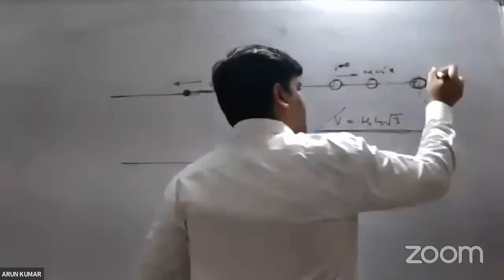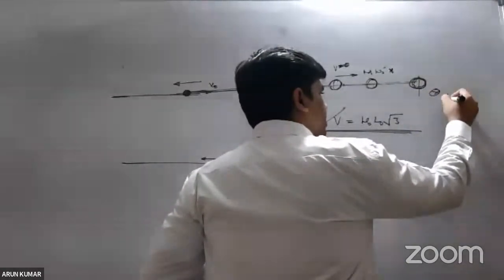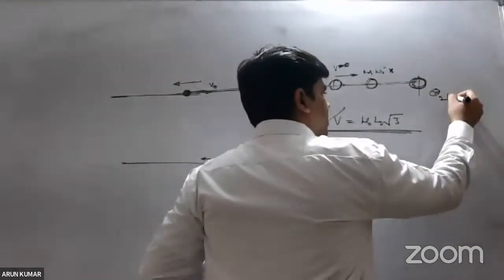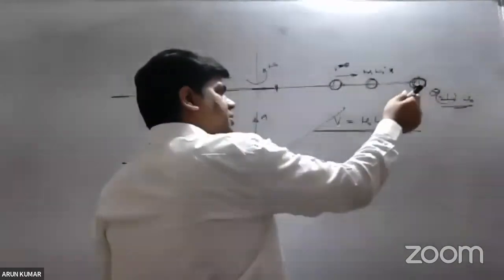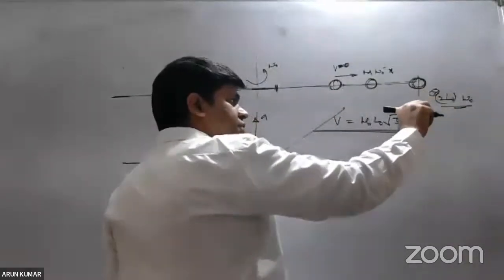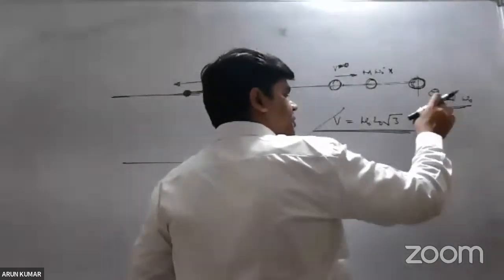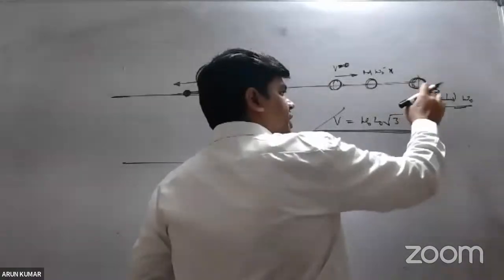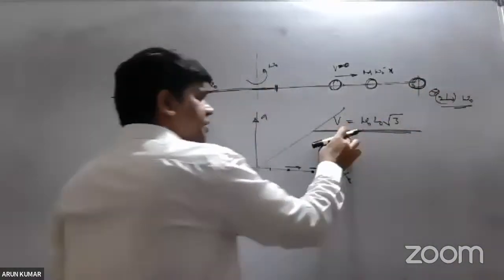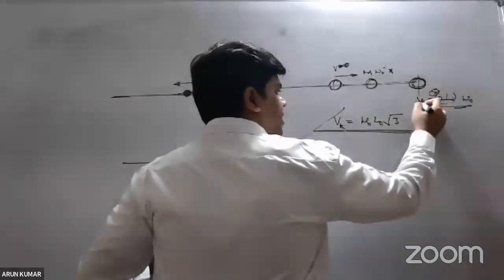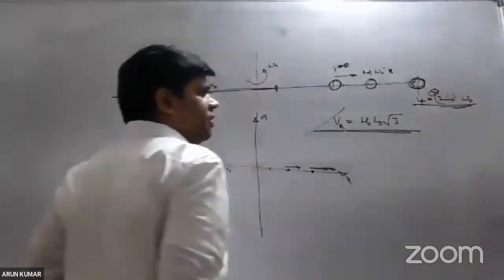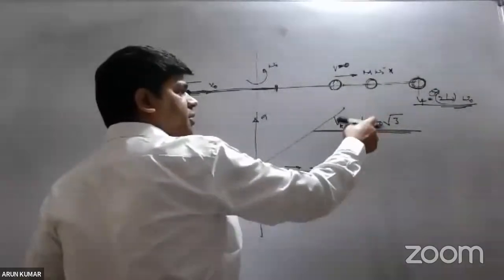It will have a tangential speed into the plane, which is r omega, which is 2L times omega. So I'll have tangential speed like this, radial speed like this. The net total speed will be the resultant of the tangential and the radial. Radial is this much, VR, tangential is this much, VT, which is r omega. So this square plus that square under root will give me the total speed.